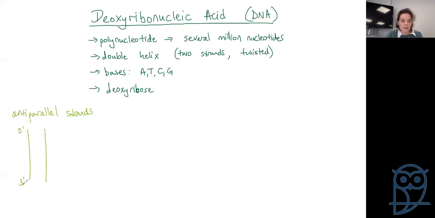So if this one is 5' to 3', the other will be 5' to 3' in the other direction. I'm not going to try and draw this freehand now, because there's not enough time to do it beautifully, but you've got it in your textbooks and your notes. So go have a look at how everything flips around to bond. These antiparallel strands are twisted into a double helix.